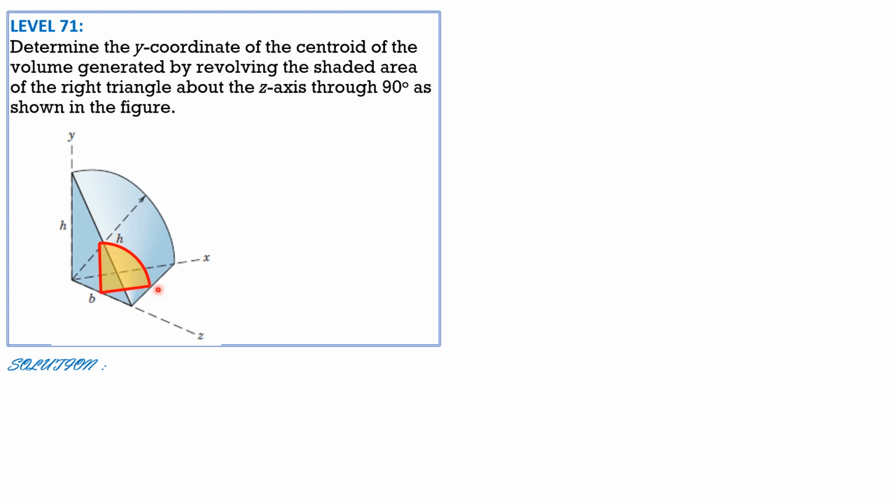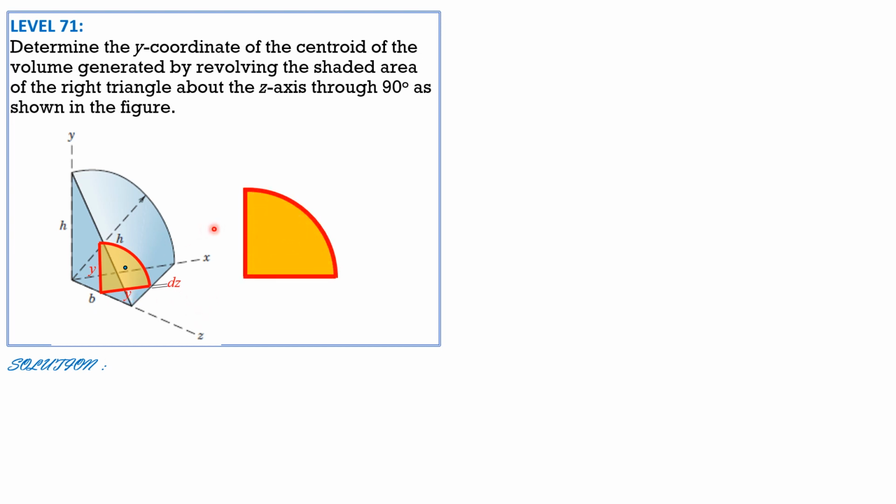Radius is x here along y, but x equals y because this is a quarter circle. The thickness is dz. So that's the centroid, and that's y. This is also x. This is also y, but y equals x, of course. And this is dz.